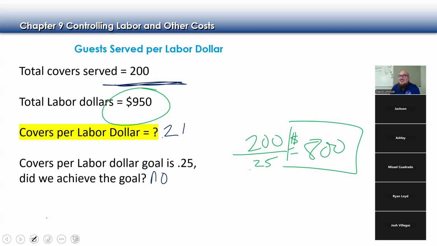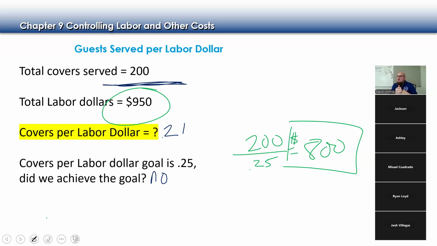Now, is spending an extra $150 in labor a good thing or a bad thing? It depends. We are looking at one piece of the puzzle. We're just looking at the expense of labor. Now, if I increased my sales as well, if I exceeded my goal in sales, then chances are I need more people because I sold more. I was busier than I thought I was going to be, so I need more people to sell. I need more cooks to cook.